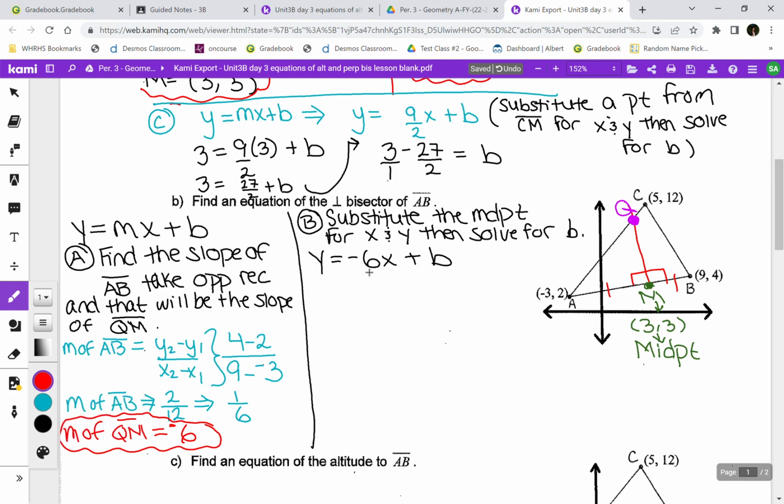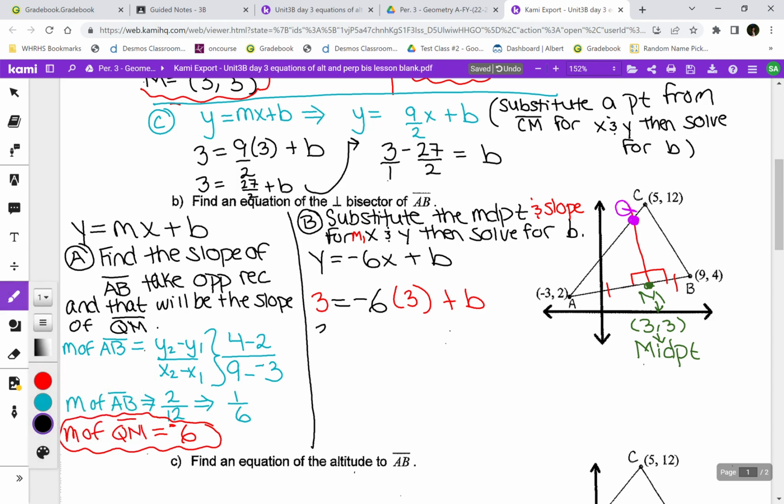So now we're going to have 3 is equal to negative 6 times 3 plus b. Oh, sorry, substitute the midpoint and slope, for m, x, and y. There we go. Then solve for b.